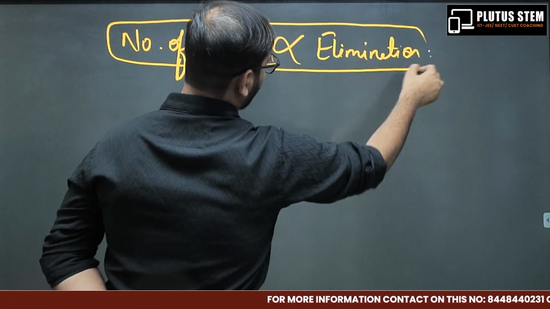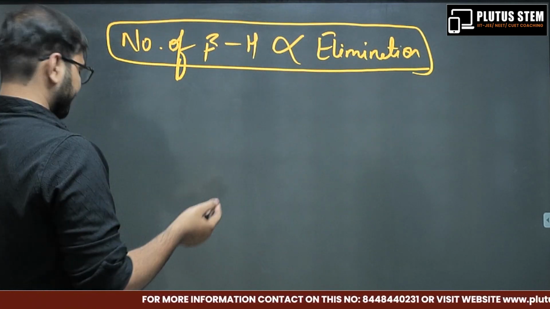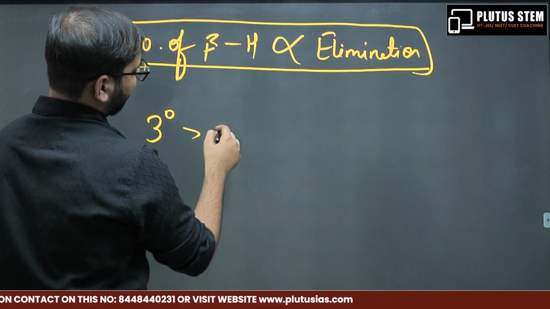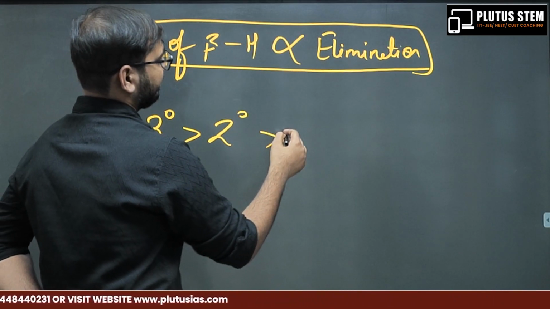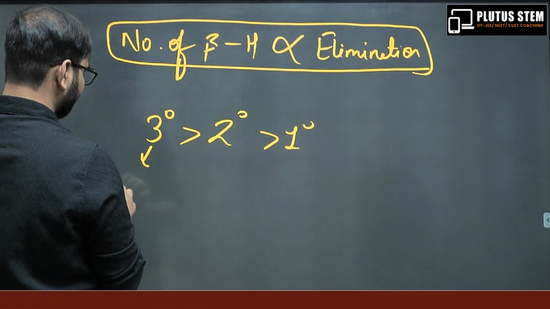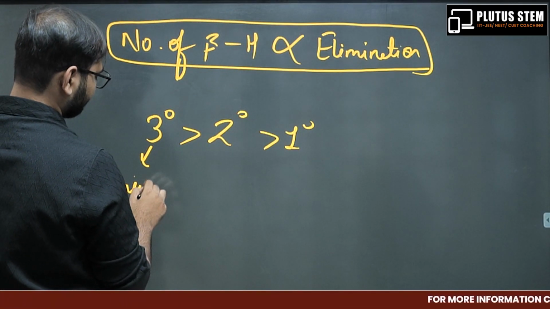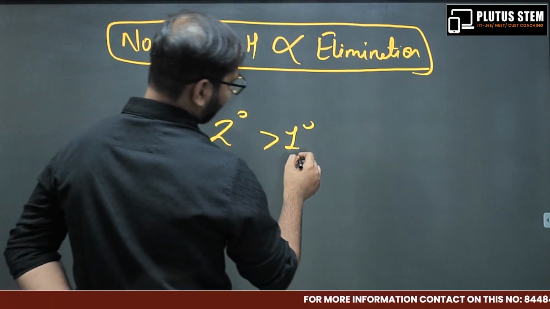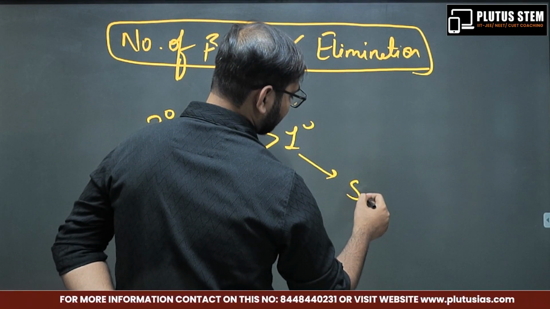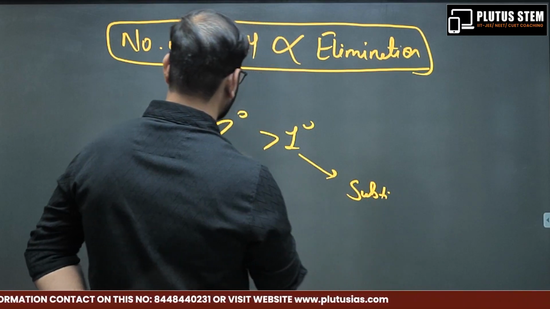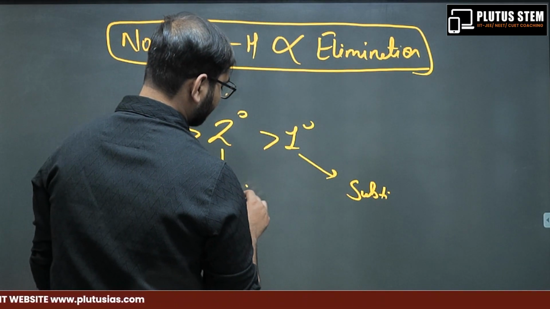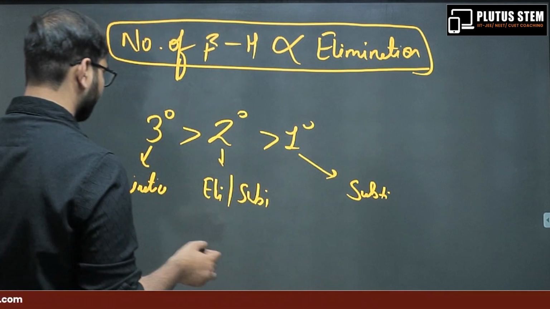Since this reaction involves formation of a carbocation, and a tertiary carbocation is much more stable than a secondary, which is more stable than a primary, elimination will prevail for tertiary, substitution will prevail for primary, and for secondary both elimination and substitution can prevail depending on other factors.